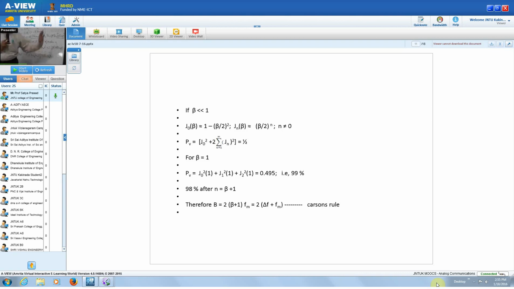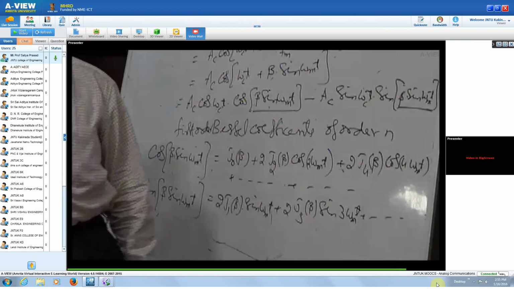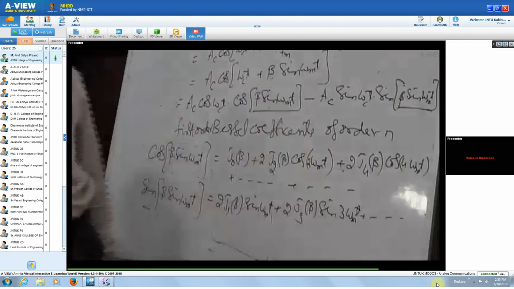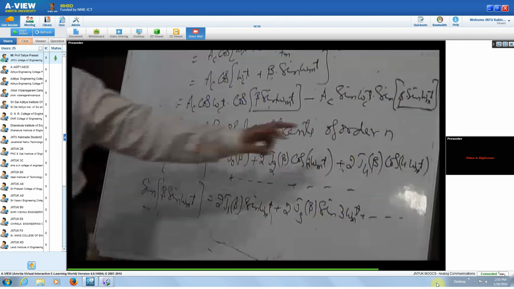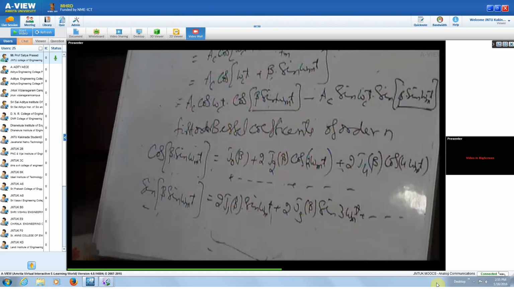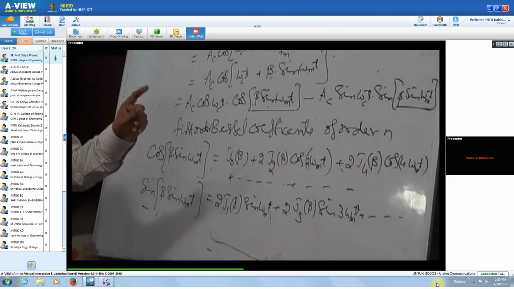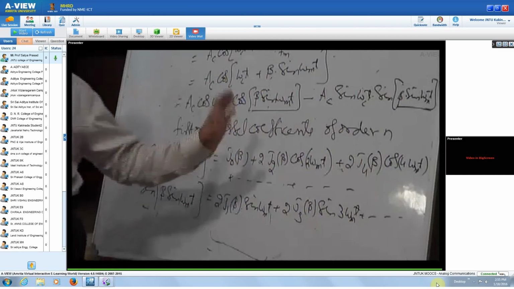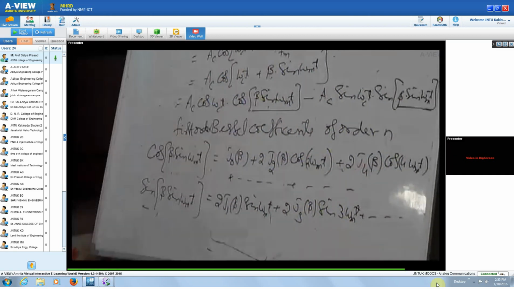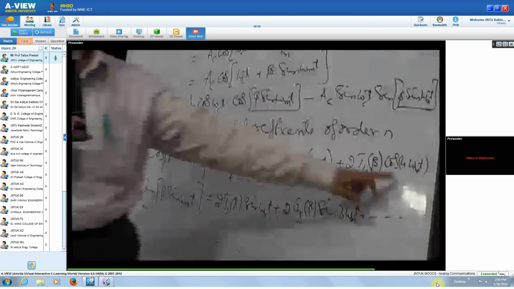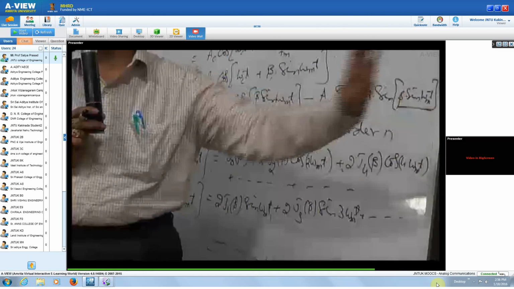Similarly, this one gives omega c minus 4 omega m and omega c plus 4 omega m. So we are going to get all these expansions. So we are going to have the carrier frequency cos omega c t plus all the other even harmonics, 2 omega m, 4 omega m and so on.